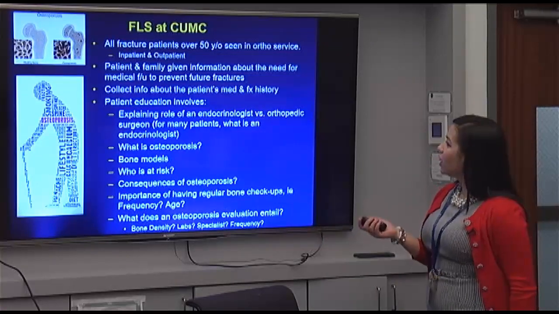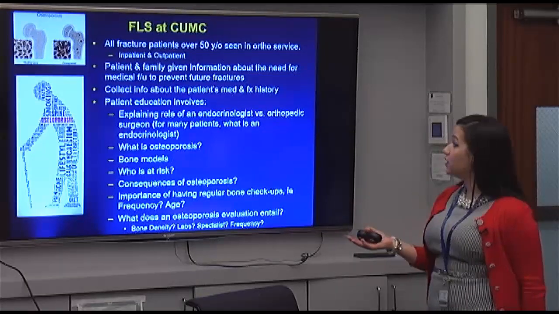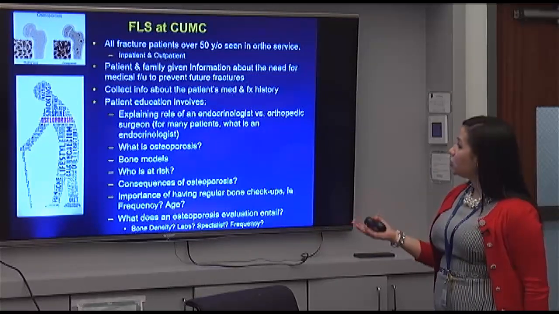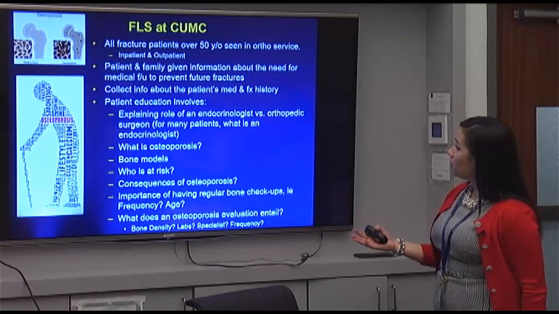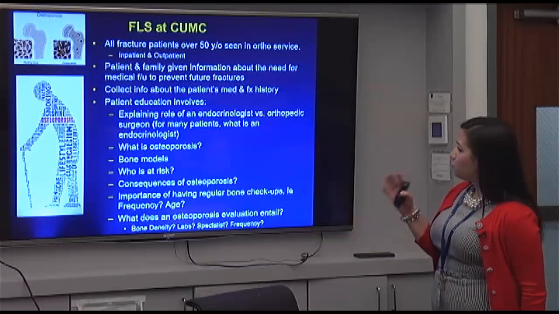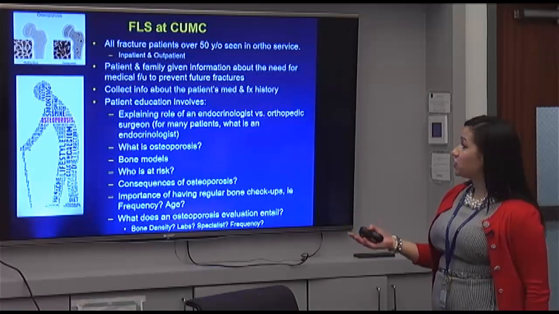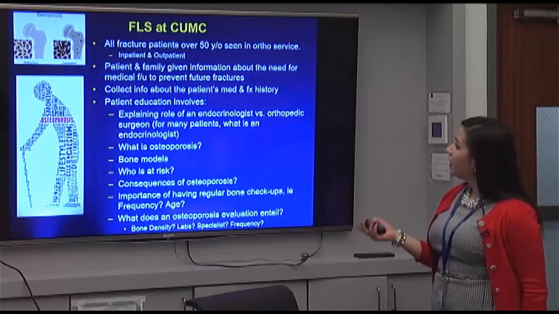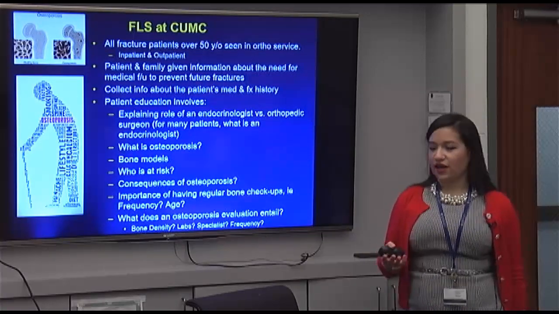So at the inpatient or outpatient visit, the family and the patients are educated and given information they need to follow up for to prevent future fractures, and we ask about the patient's medical history and fracture history. And when we educate the patients, there's a lot that goes into that.